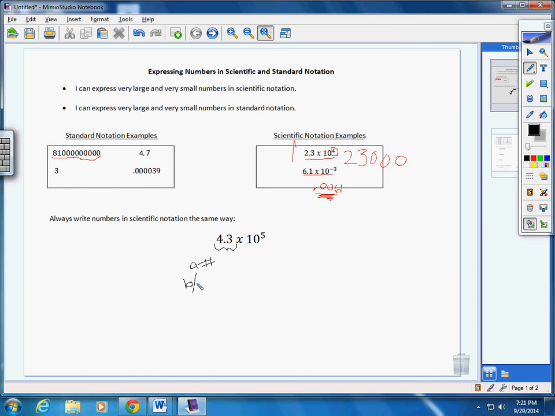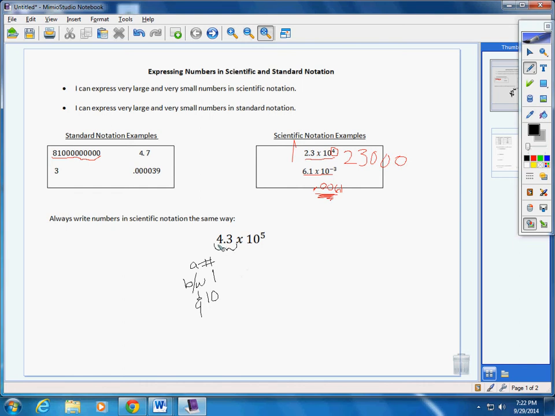Hopefully you can write this a little bit neater in your own notes. And if that number is not between 1 and 10, you need to move the decimal point so that it becomes a number that is between 1 and 10. We'll talk about that a little bit more in a second.